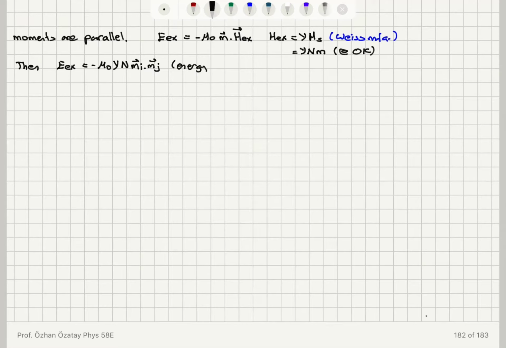So this is energy per moment, because I'm not summing over all the moments. And here m sub i and m sub j are neighboring moments.